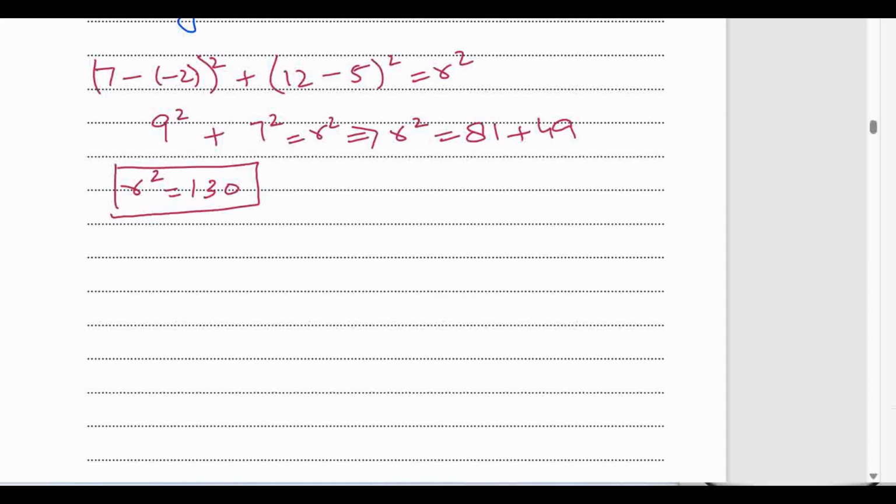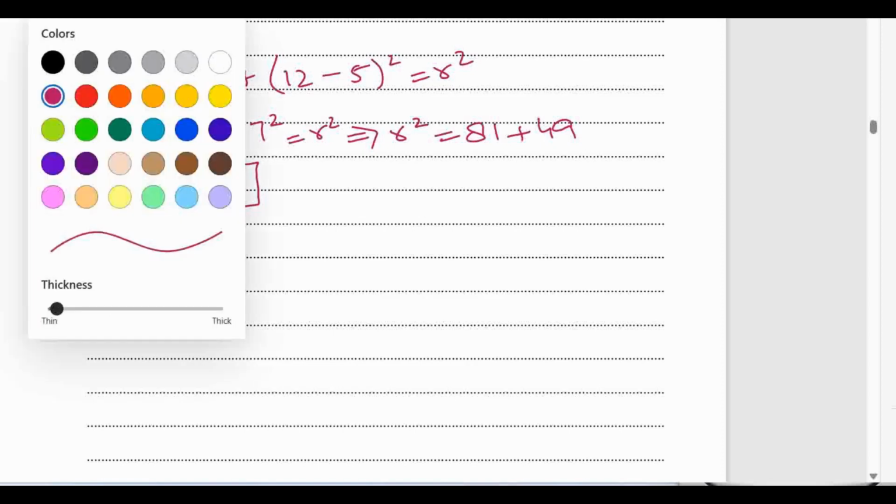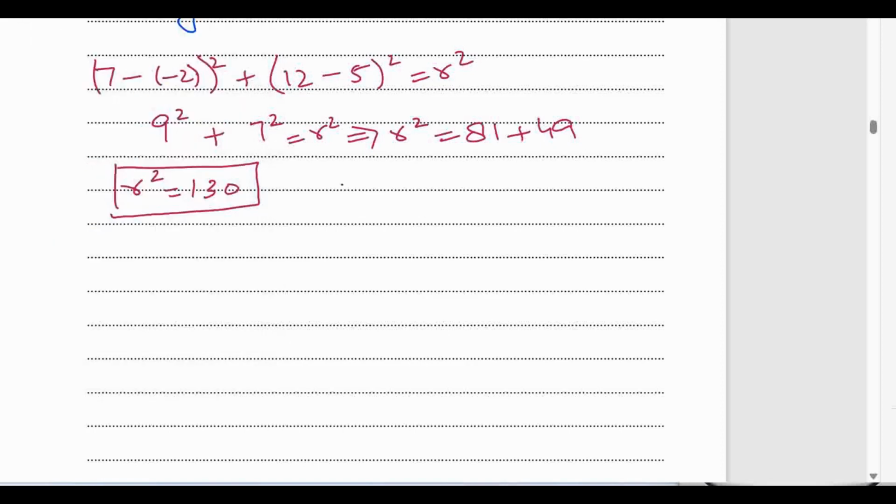Now we can clearly see that we will have two equations. The first one will be (x plus 2) whole square plus (y minus 5) whole square is equal to r square, that is 130. So this will be equation 1.